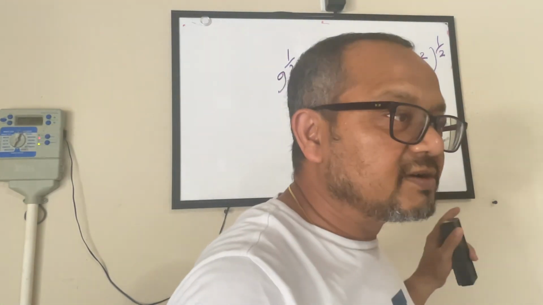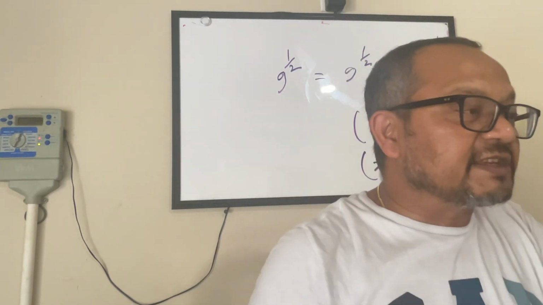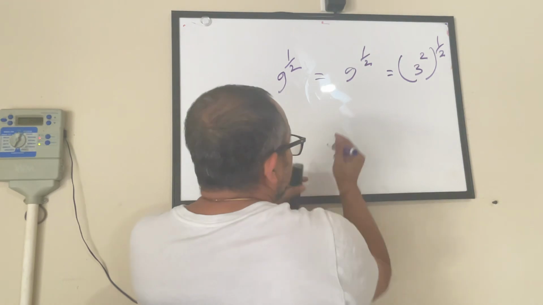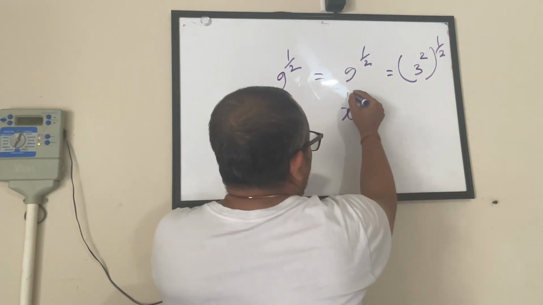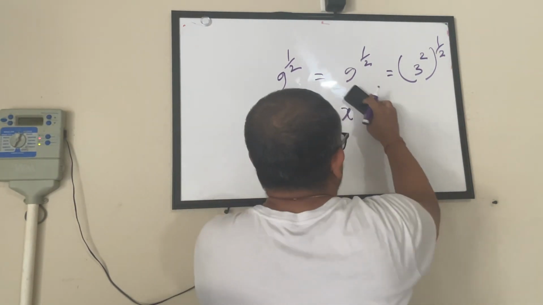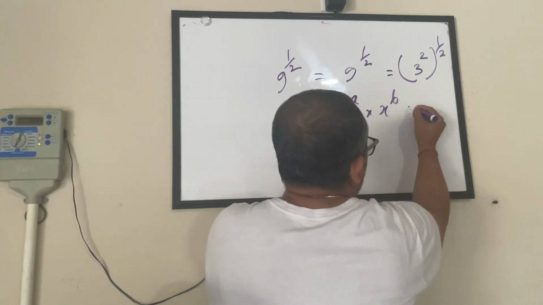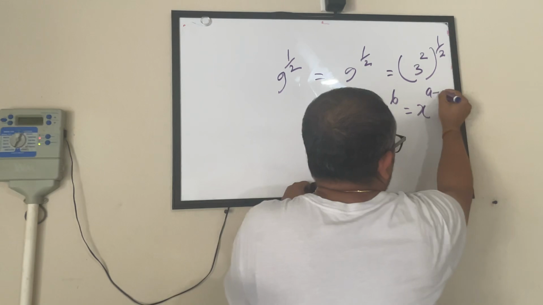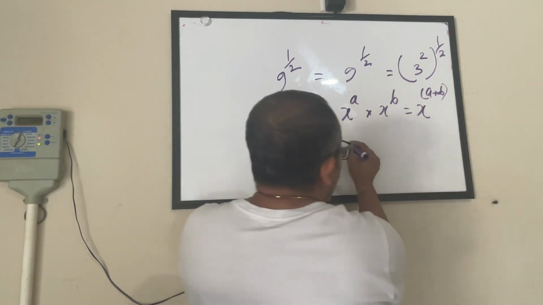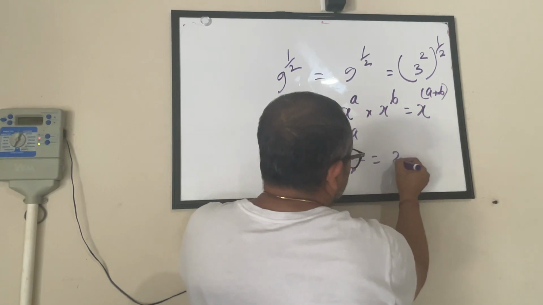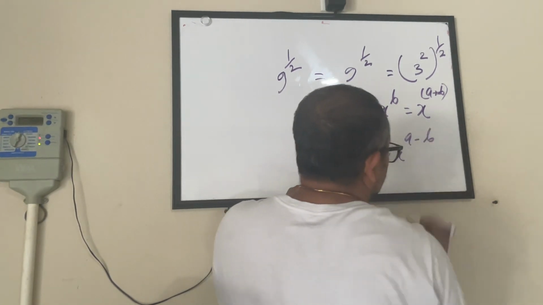Remember? In exponents, there are 3 things that we have learned. Let me repeat it for you guys and then we'll come back here. x to the power a into x to the power b becomes x to the power a plus b. x to the power a divided by x to the power b becomes x to the power a minus b.